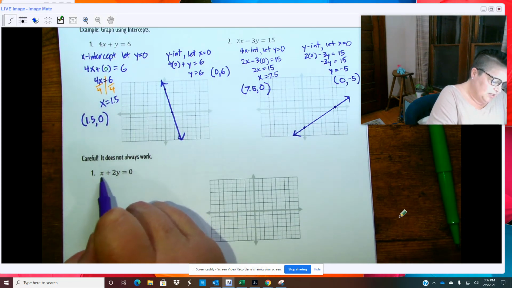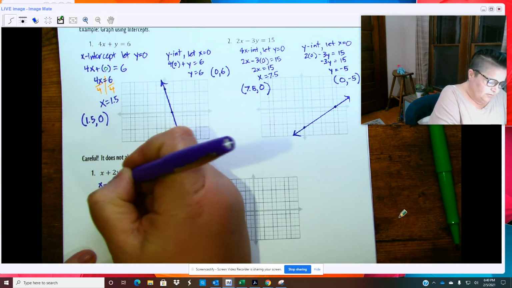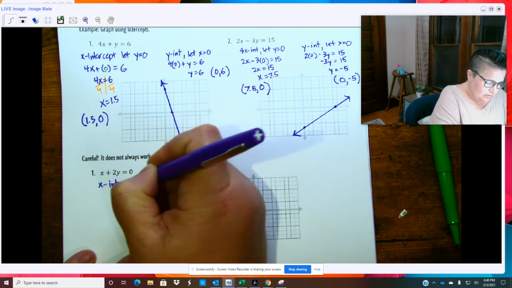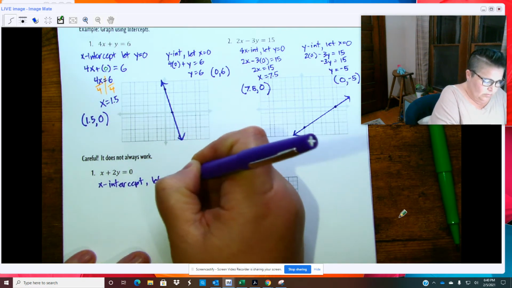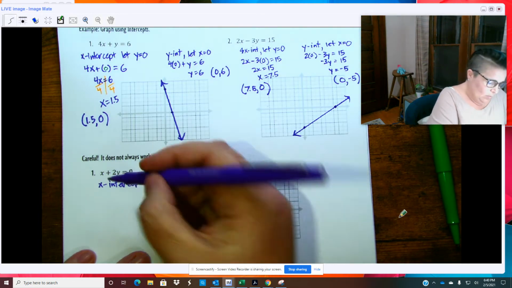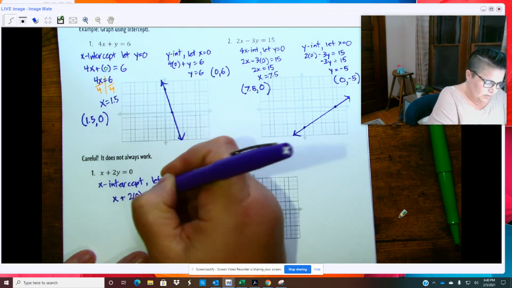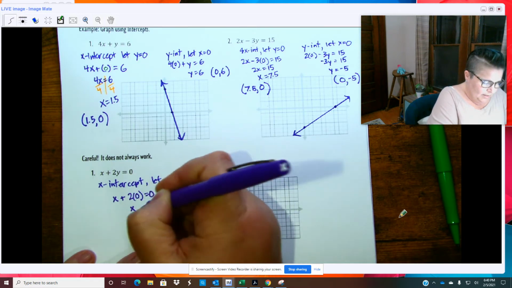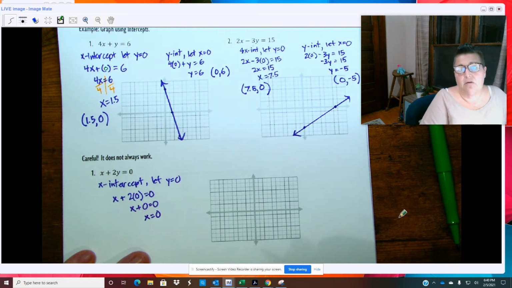Here we have the equation x plus 2y is equal to 0. If we are going to find the x-intercept, we're going to let y equal 0. If we let y equal 0, then we have x plus 2 times 0 equals 0, or x plus 0 is 0, which just means that x is 0.